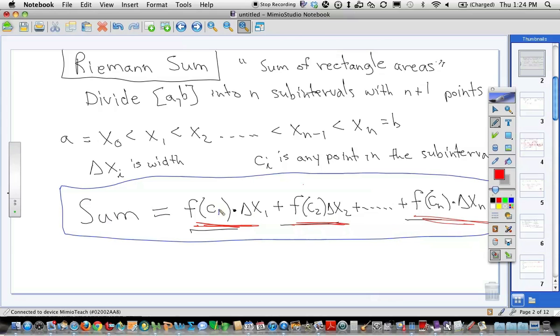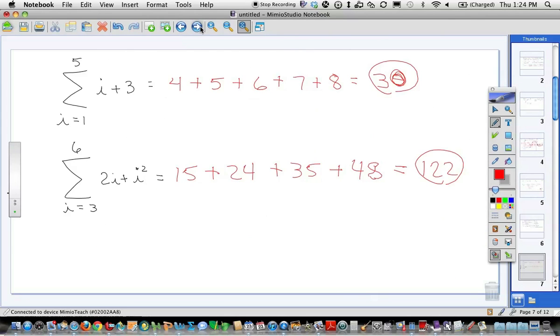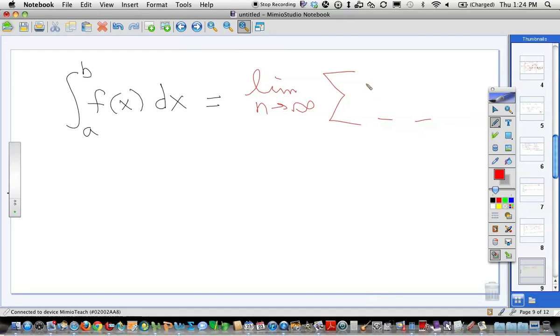Where's the i going to go? The subscript. So back to here, my sigma is going to be f of what? c sub i times delta x sub i.